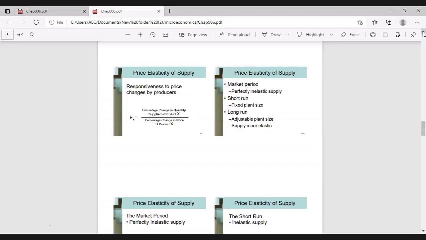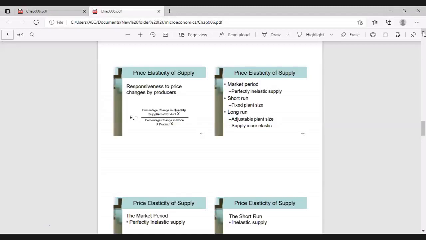So for a particular producer, a farmer, the supply curve may be inelastic. Say a tomato producer: if the price increases, immediately he cannot supply more. So his supply curve may be perfectly inelastic.